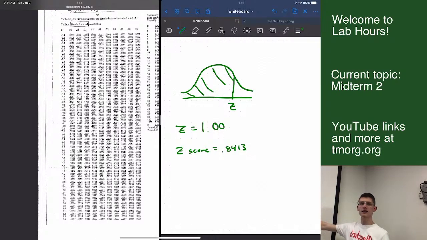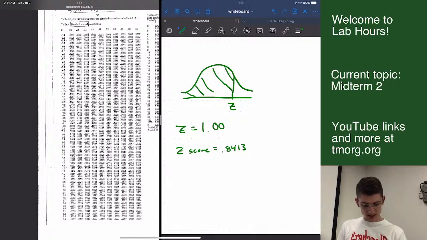Okay? You saw that circled one. You saw how I found that, right? If I wanted to find the value for Z equal to 0.64, I would come down on the left side to 0.6, and then go over to the 0.04 column. So this is the 0.00, 0.01, 0.02, 0.03, 0.04. 0.73 something, right? That's what it turns into, okay?